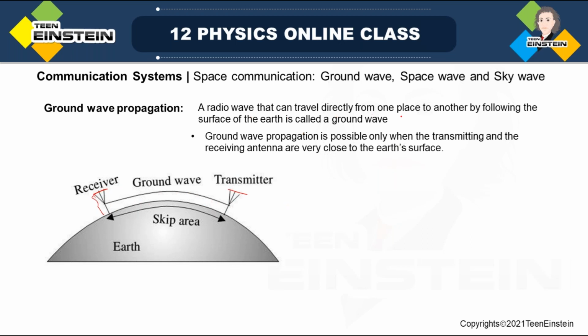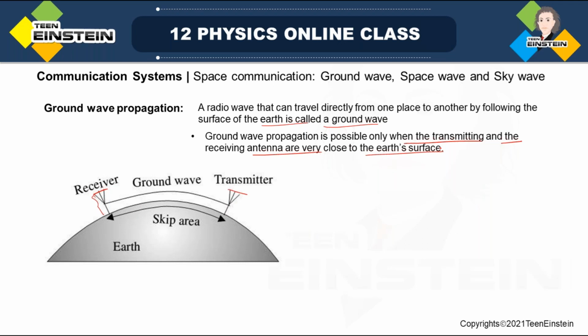A radio wave that can travel directly from one place to another by following the surface of the earth is called ground wave. And ground wave propagation is possible only when the transmitting and the receiving antennas are very close to the earth surface. So this is another important factor for ground wave propagation.